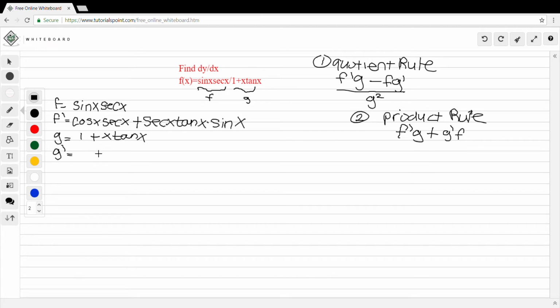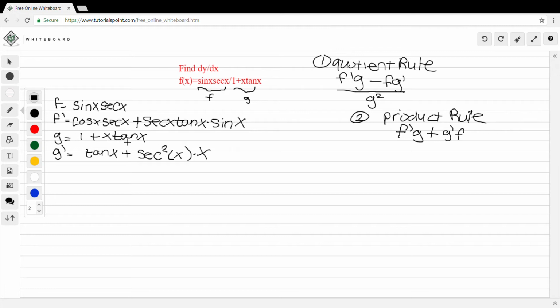The derivative of x is just 1, so it's tangent x, plus the derivative of tangent, which is secant squared x, and then don't forget about the x.